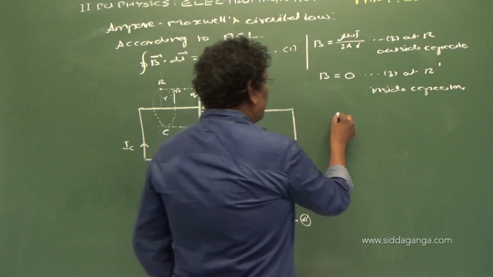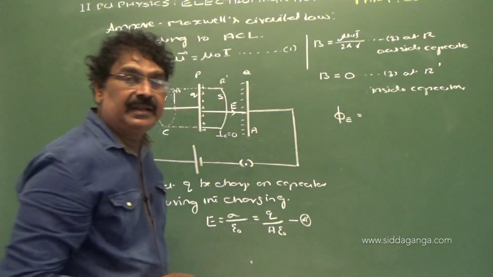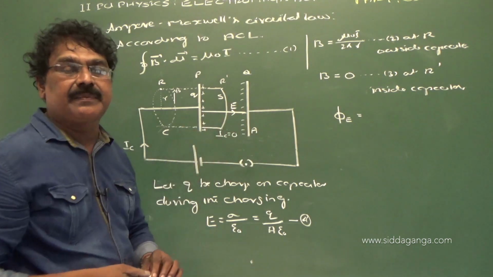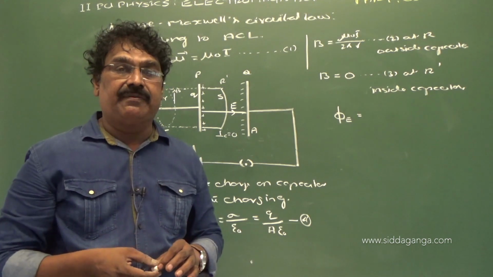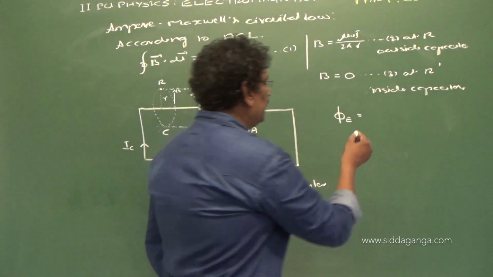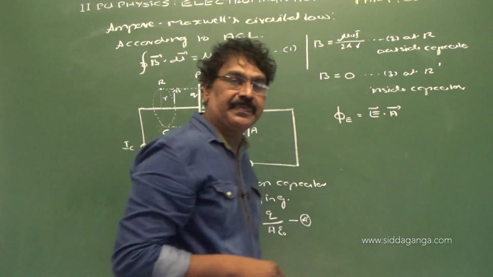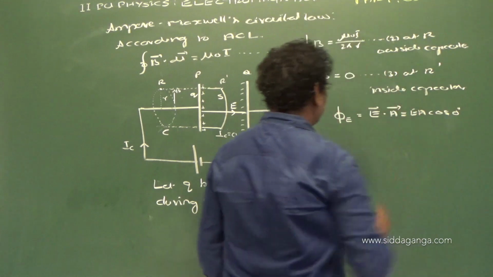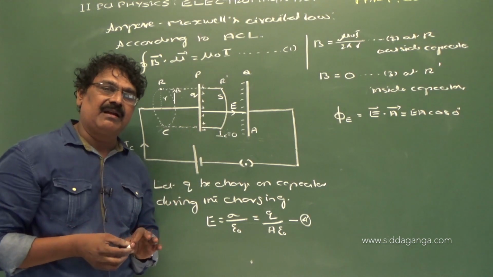Now, according to this electric field, the flux between the plates of the capacitor, or the electric flux passing through the surface. Remember that electric flux is the number of electric lines of force passing normally through a surface in an electric field. That phi E is equal to E dot A, that is equal to E A cos 0 degree, because the direction of electric field and the direction of area vector are the same.